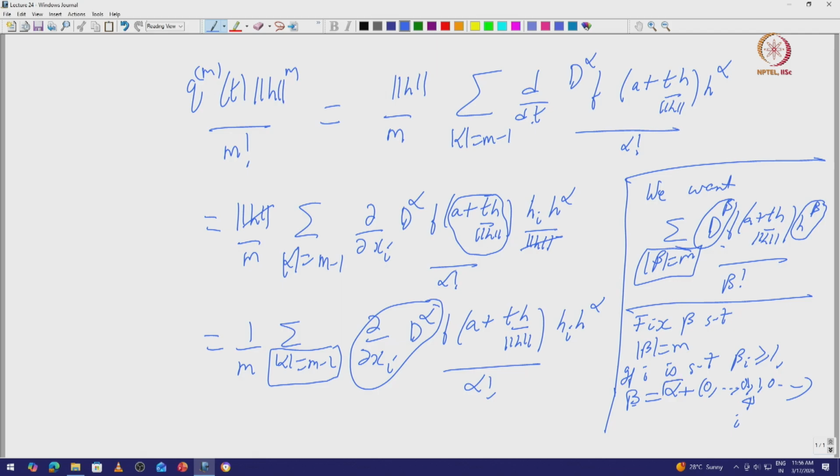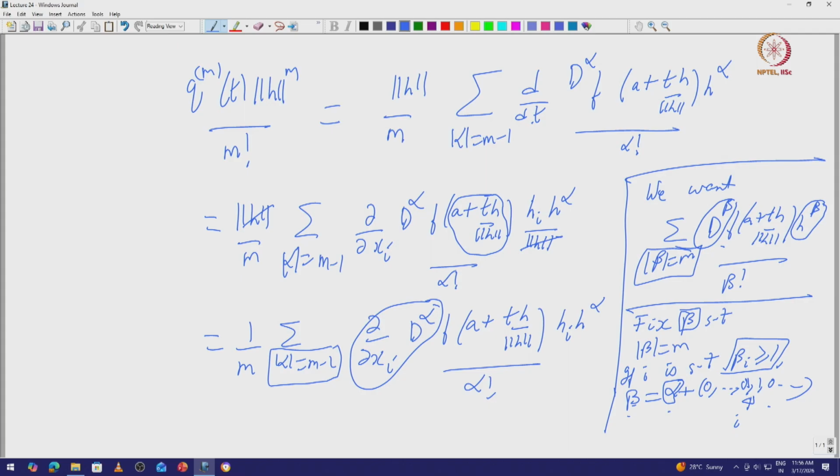Indeed, the fact that this consists of non-negative integers follows from this assumption. Okay. Right, so fix such a beta. You can write beta as alpha plus such a vector in a variety of ways, because there could be multiple i's so that beta i is larger than 1.